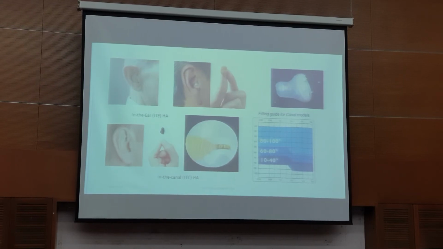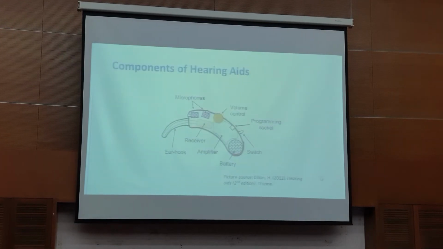Because the position of the microphone and the receiver is very close, that will increase the likelihood of auditory feedback. So you can wear it like this, but not for more severe losses. If you look at the fitting range, up to about 50 dB is still okay, 80 to 100% suitable. But when it gets more severe, it's probably not the right choice.